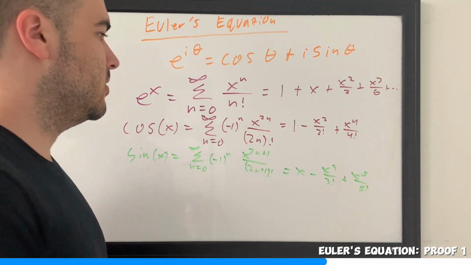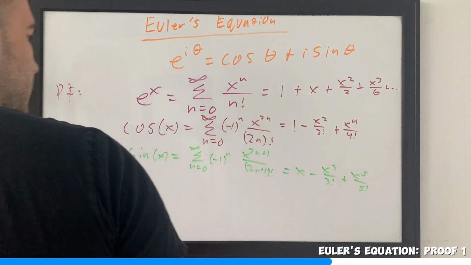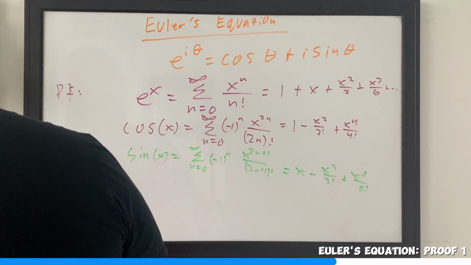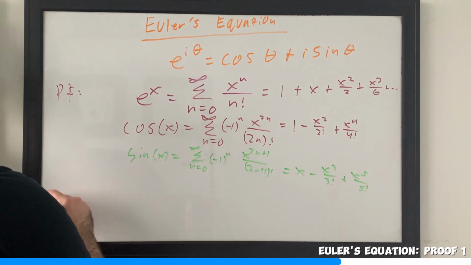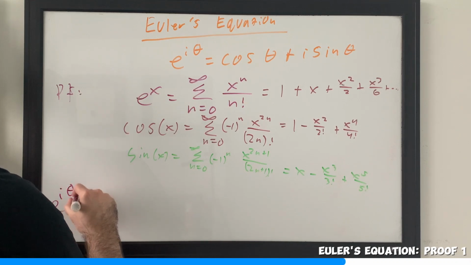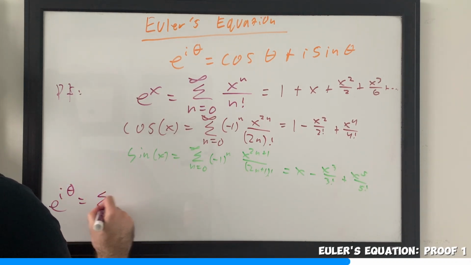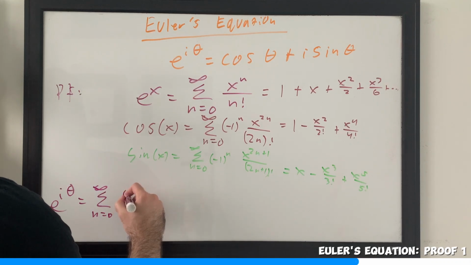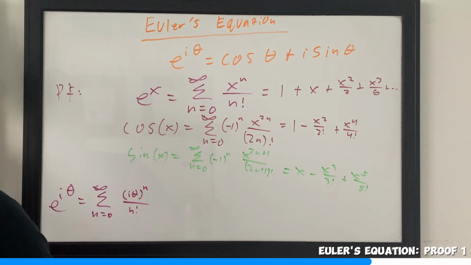So what happens is when we take these and use them now with complex numbers, we get the following: that the power series breaks down to become I theta to the power of n all over n factorial.